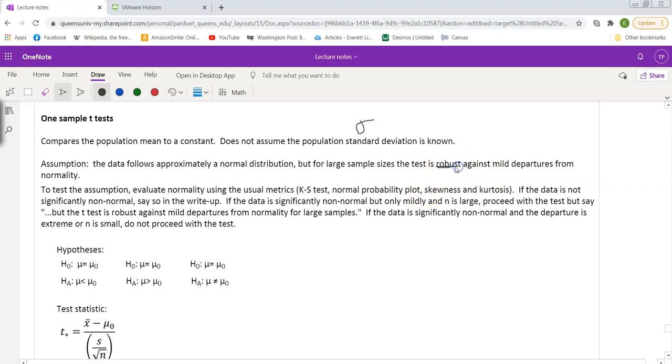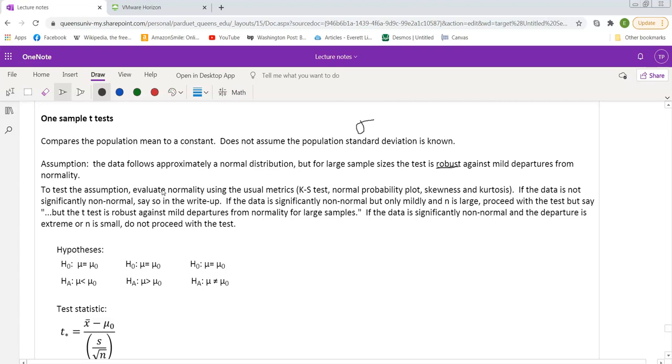This word robust is a formal statistical word that means the test still performs well when there are mild departures from normality. So if there is actually a difference, it catches it without catching differences that aren't there.